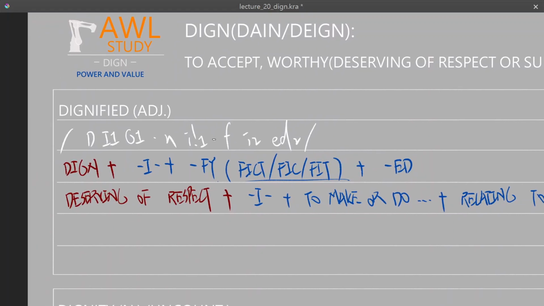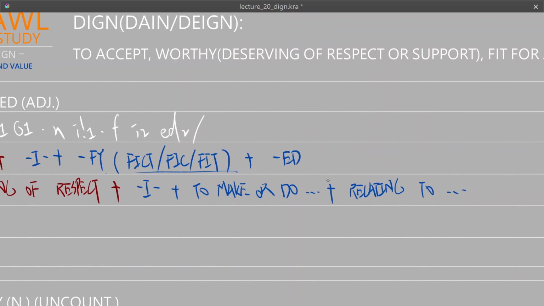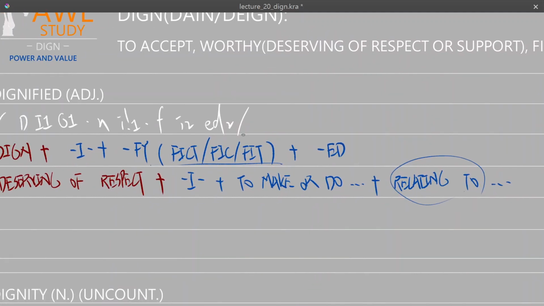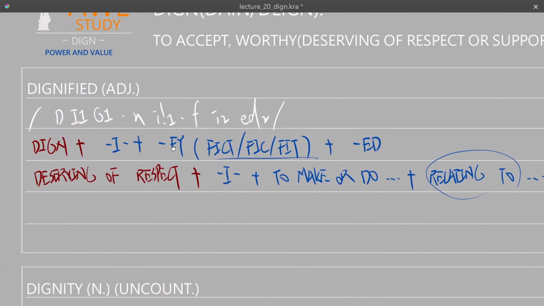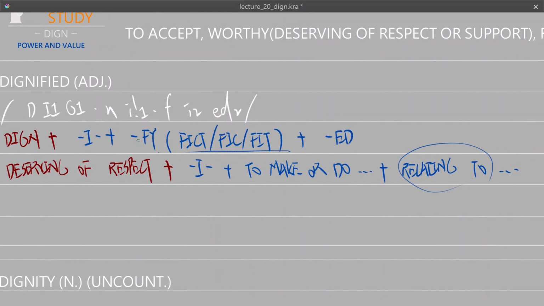So dignified literally means relating to something. So what's the thing?